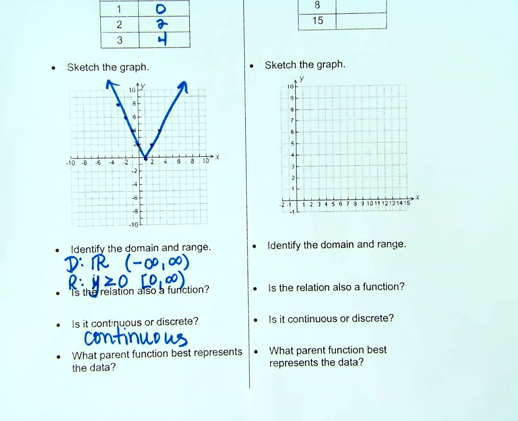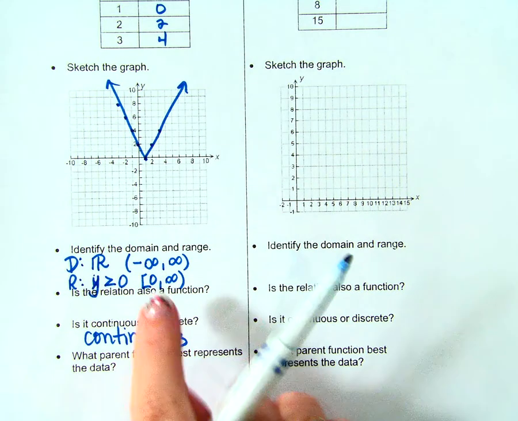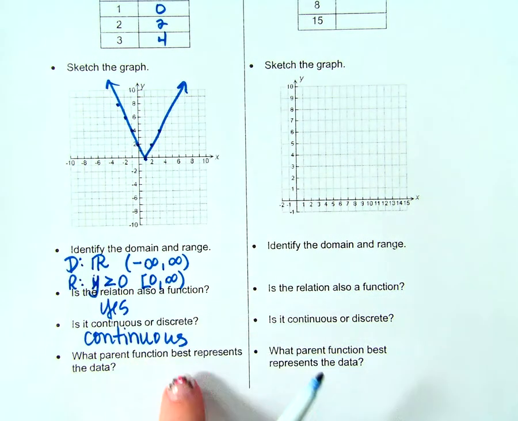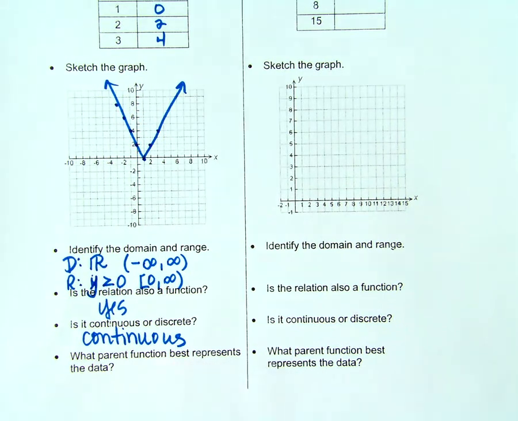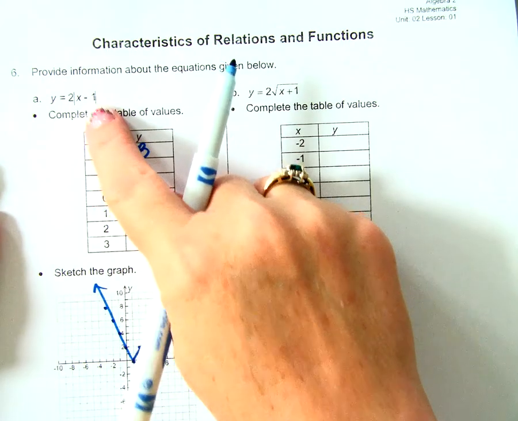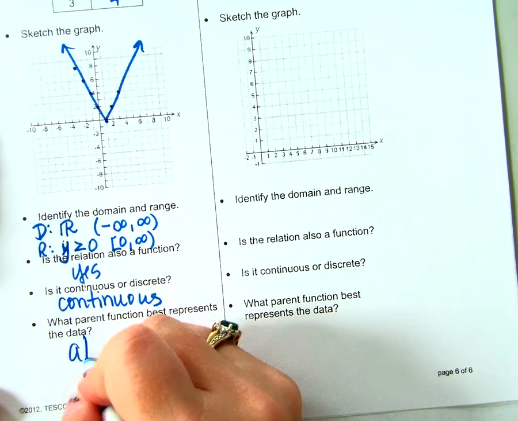Is it a function? Yes. What's the best parent function that represents this data? Say it. Absolute value. Oh my gosh, how many times did we say that up here? Right? When we were doing the table?